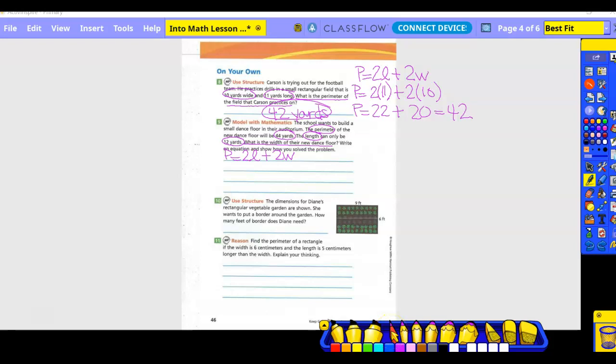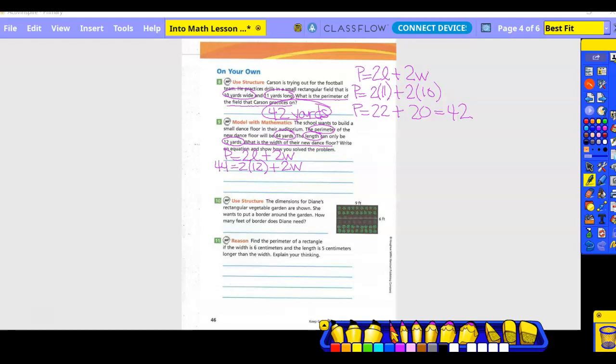Yes, the perimeter is 44. Remember, we circled our information. So 44 equals, do we know the length? Yes, 12. So I'm going to put equals 2 times 12 plus, do we know the width? No. So we put 2W, because we don't know the width yet.